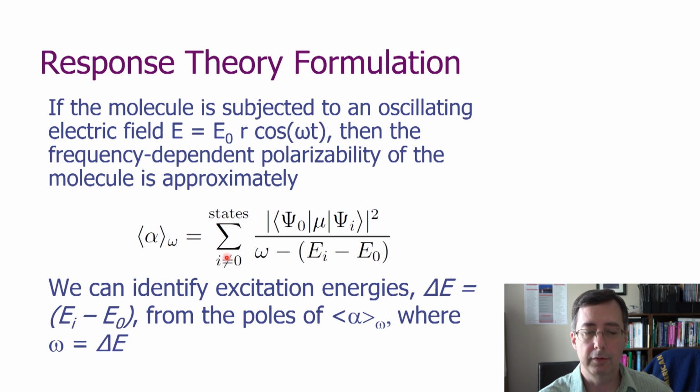So this is the so-called sum over states expression. And I can identify excitation energies, delta E, as the difference between where I'm at and the excited state energy, just from looking at the poles of this alpha. So if I can compute this quantity and find its poles, then that tells me what the excited state energies are.